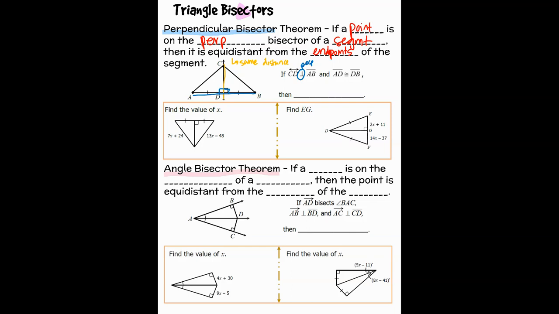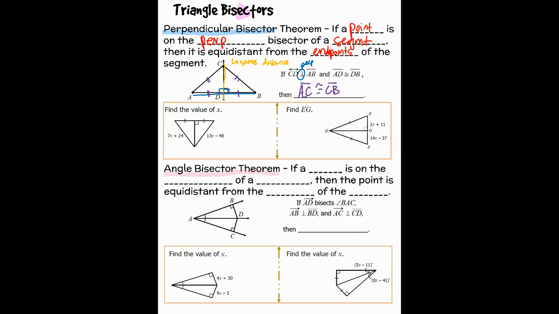And AD is congruent to DB, then also AC is congruent to CB. Means that these are congruent to these. So if perpendicular and our two are congruent, then the other two legs are congruent.